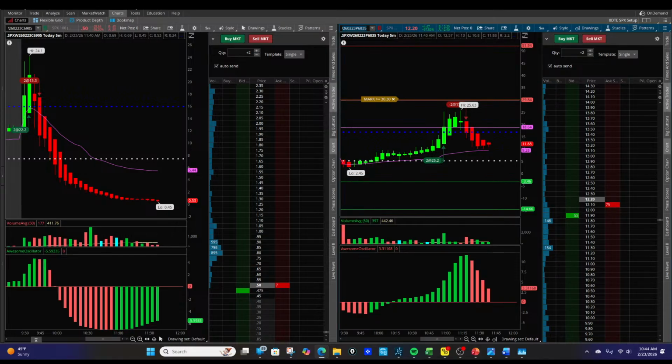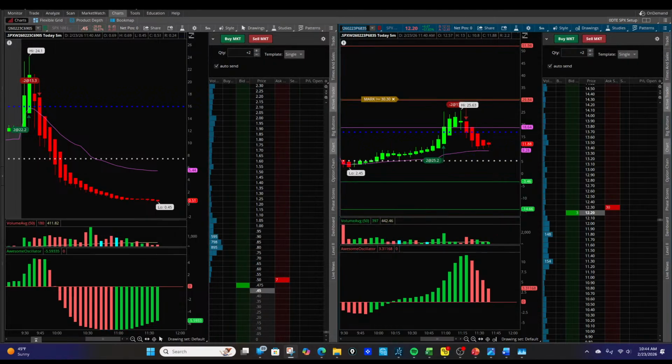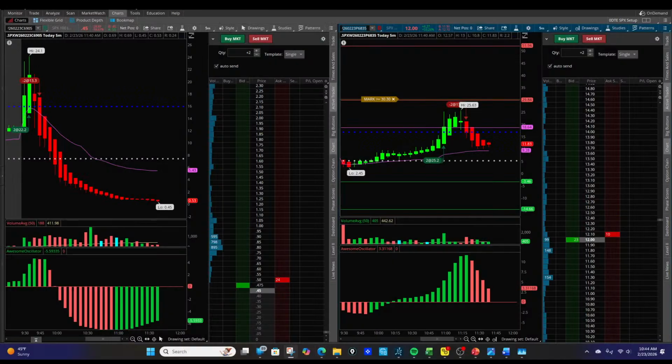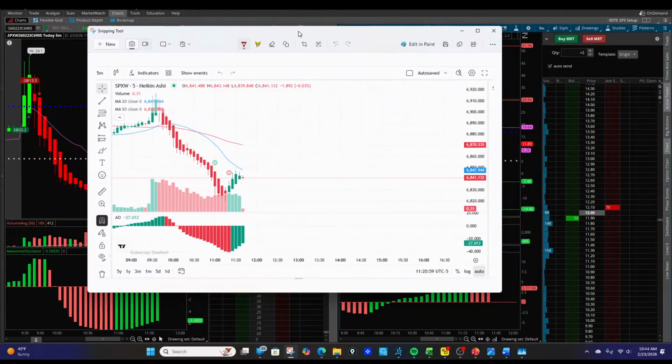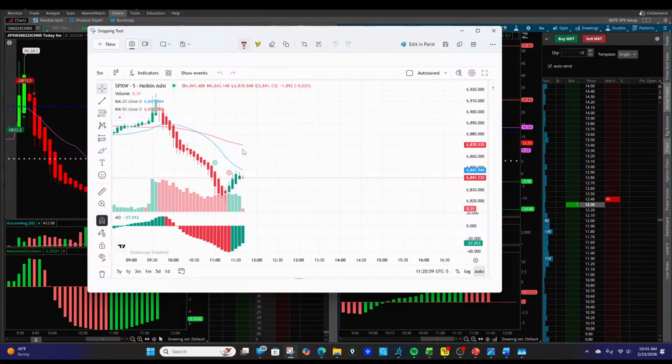There is something else that I've found. Let me put this over here. This is the chart that's in TradeZella. And I watch the 20 moving average and the 50-day moving average.